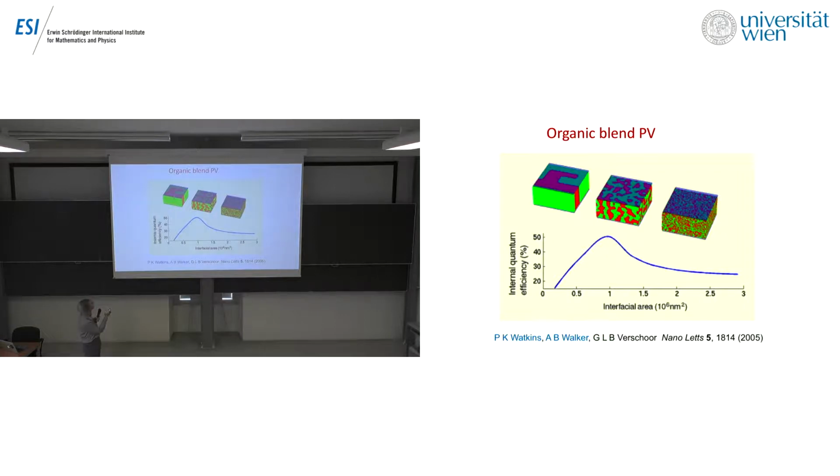So you've got to have this sort of happy medium, which is domains of the size of the exciton diffusion length, and that will give you a maximum. And for that we used kinetic Monte Carlo, which had been used in surface physics. In fact, it was in a paper on surface physics that I found out about this method.